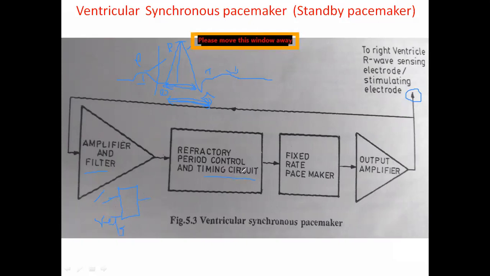So like this, the timing circuit produces the pulses, and those pulses are applied to the fixed rate pacemaker. The generated output is based upon the timing references, and according to that it will produce the output pulses, and those output pulses will be applied to the right ventricle.